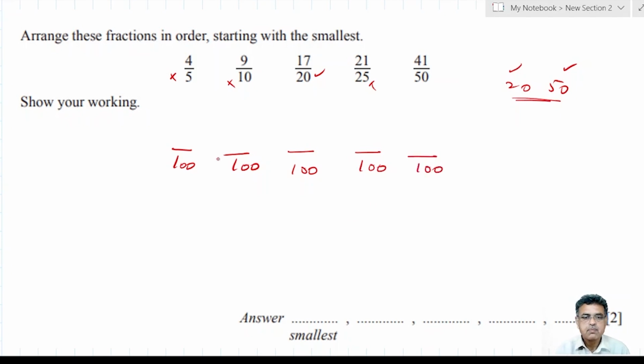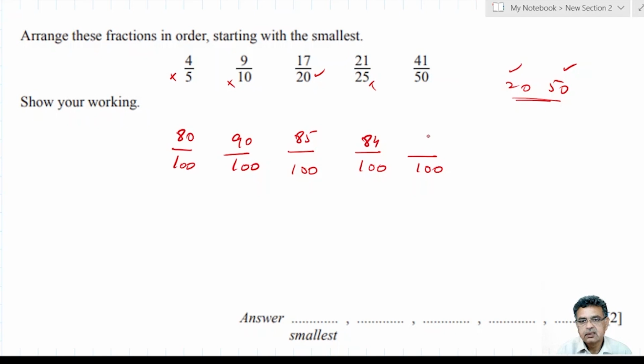Write it. Then change 4 over 5 to an equivalent fraction. That will become 80 over 100. This will be 90 over 100. This is 5 times, 85. 25 times 4 is 100, so 21 times 4 is 84.